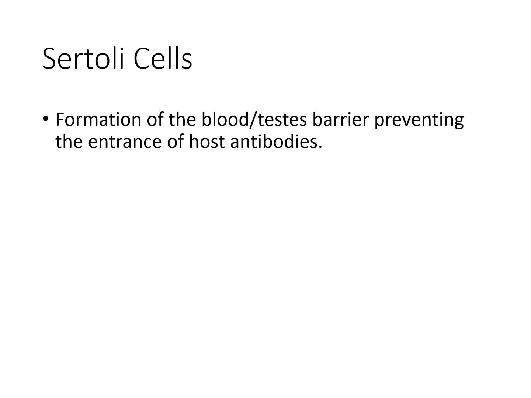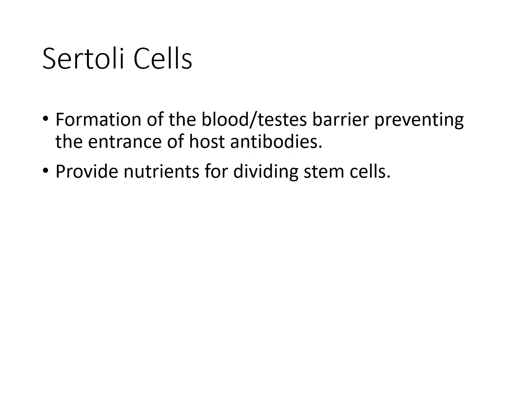Now those Sertoli cells are an epithelium, and one of the important things they do is form a series of tight junctions, what's known as a blood-testis barrier. In doing that, they prevent host antibodies from gaining access and destroying those developing spermatids.